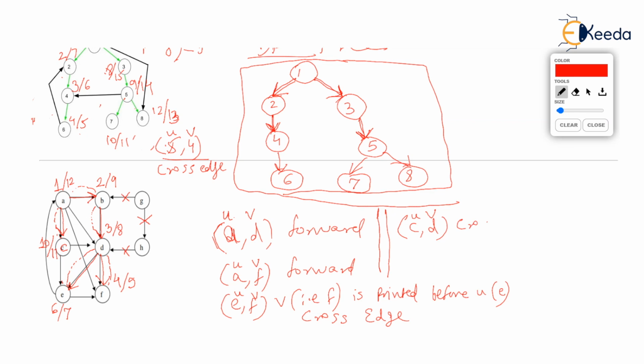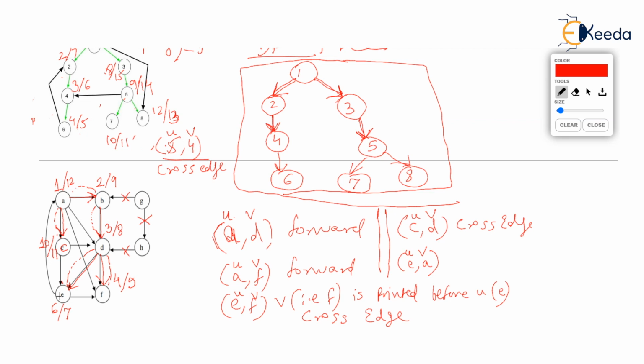Any other edge which was not taken? Let's see. Oh yes, A to D we considered that. E to F, E to A. Let's take E to A. Observe the graph, E to A. So U and V are E and A respectively. Let's see whether E is printed before A or A is printed before E. Of course, A is printed before E. See their discovery times.